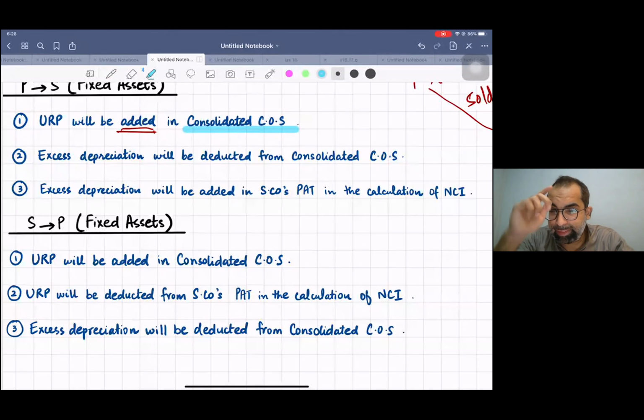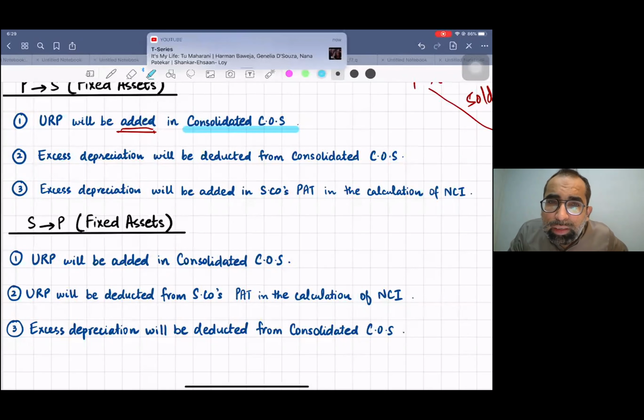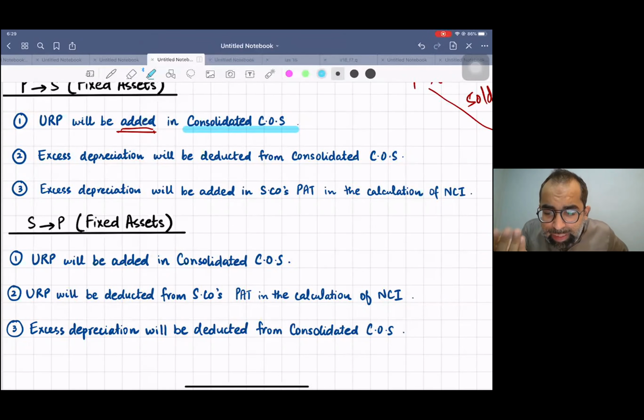So this first step is done. Now the second and third step. Hope your brain is active. As P company sold a non-current asset of 1000 to S company for 1500, sold expensive. So S company bought it for 1500, and in the individual books of S company must have recorded the depreciation according to the 1500 number. Right? So that means S company has booked extra depreciation.